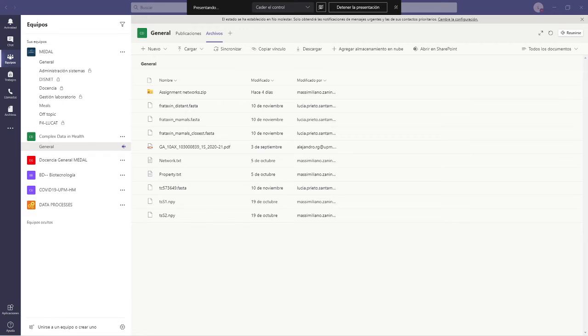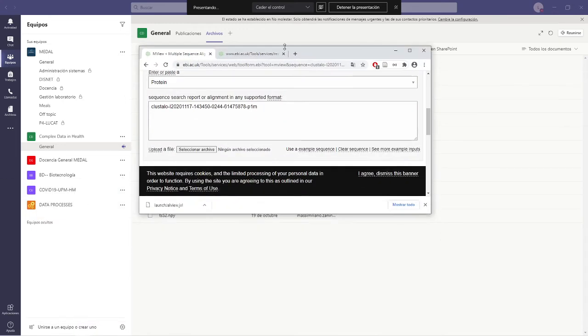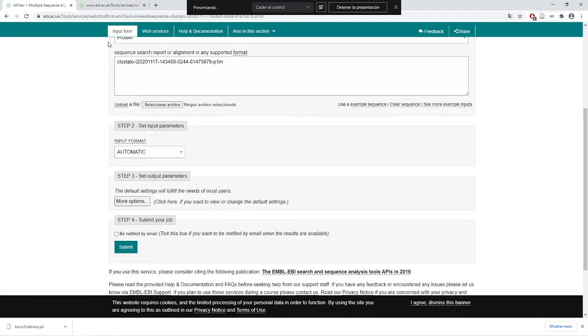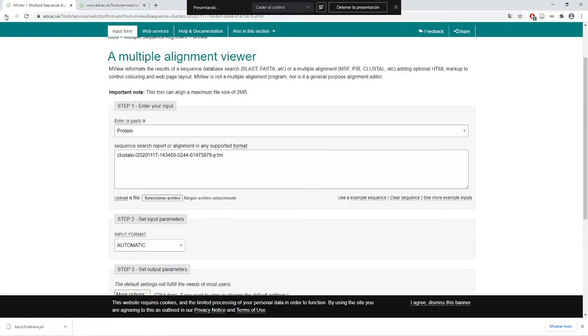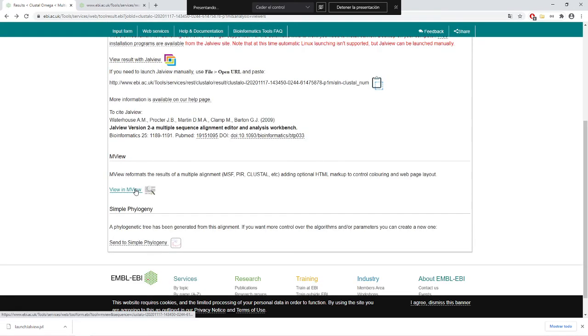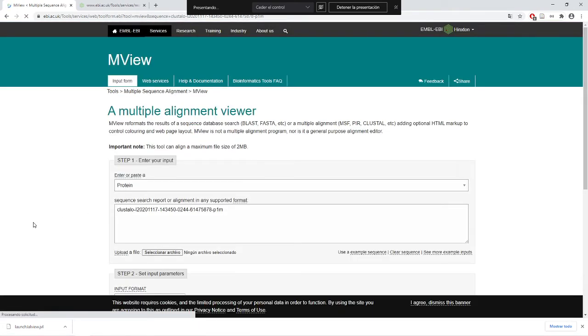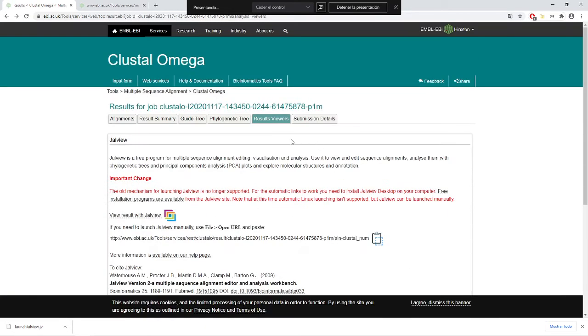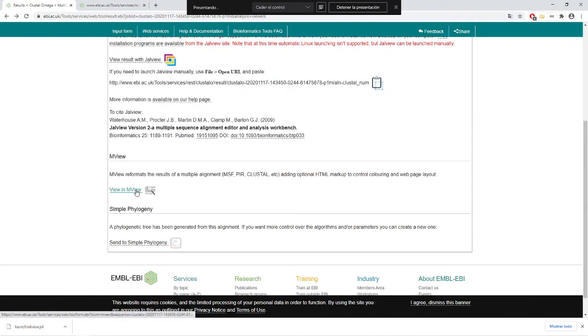Okay, sorry, I interrupt you one moment. I found where you can visualize the results, as I was saying, in MView. You click here. Sorry, I was in results viewers from the previous alignment, and I just clicked view in MView.